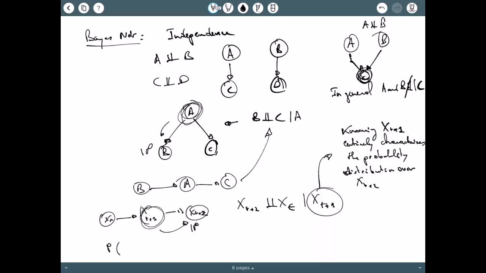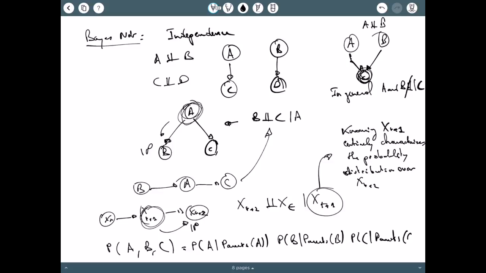So this time we'll say that the probability over a family of variables, for example A, B, C, the joint, will just be the probability of A conditional to the parents of A times the probability of B conditional to the parents of B times the probability of C conditionally to the parents of C. And in case there is no parents, in this case we will just consider the marginal, for instance if C has no parents, and in this case the marginal is also called a prior.